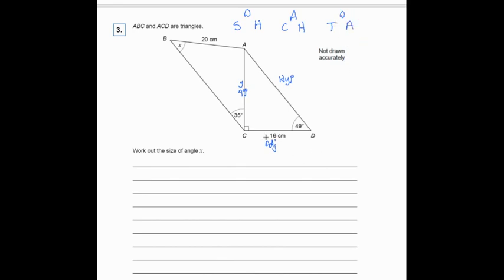Okay. So we're given the adjacent. So we want adjacent in our calculation. And we're trying to work out opposite. So which of these sets of letters have both O and A? Well, it's this one over here. So that tells us that we're using tan.